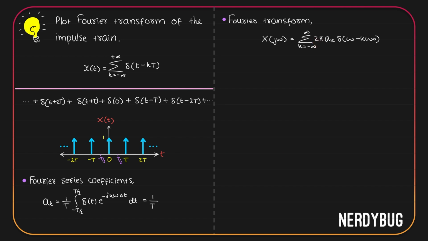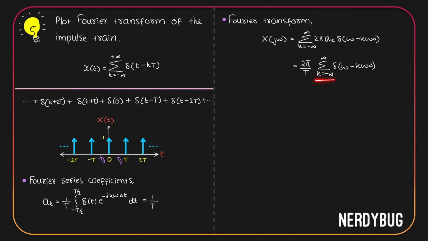Here 2 pi is a constant, it can come out of the summation. a_k is 1 by T, it is also a constant, it can also come out of the summation. So this becomes 2 pi by T summation from k equals minus infinity to infinity delta of omega minus k omega naught.